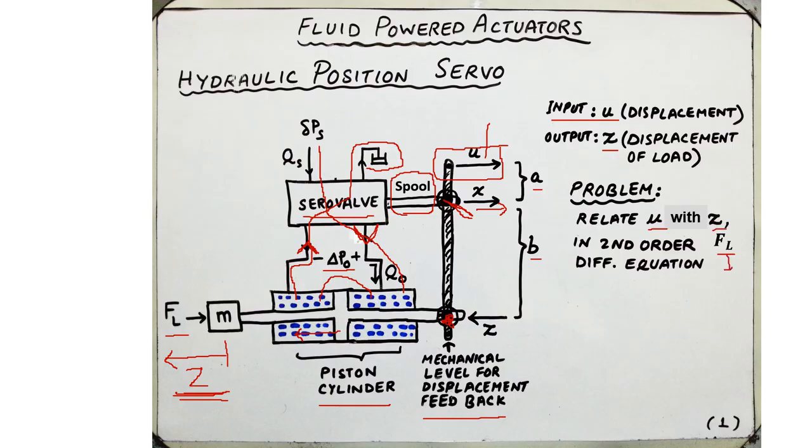Sorry, FL is the output so let me correct that. So we are going to relate Z, so let me write it down over here: relate Z with U and FL. So we're going to relate the output Z with the input U and as well as the other input FL.